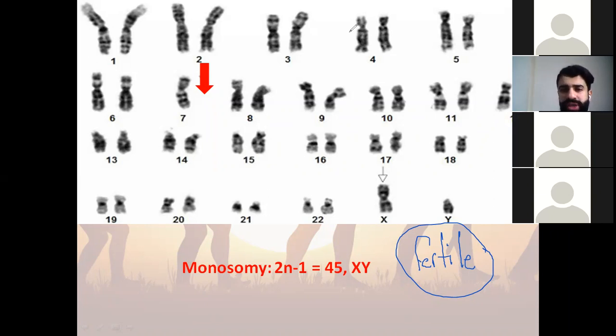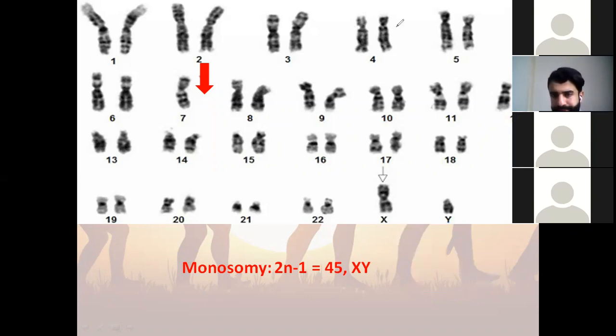Yes, your question before we continue: if the autosomes are affected, as in the case of mongolism, which leads to Down syndrome, can they give birth?